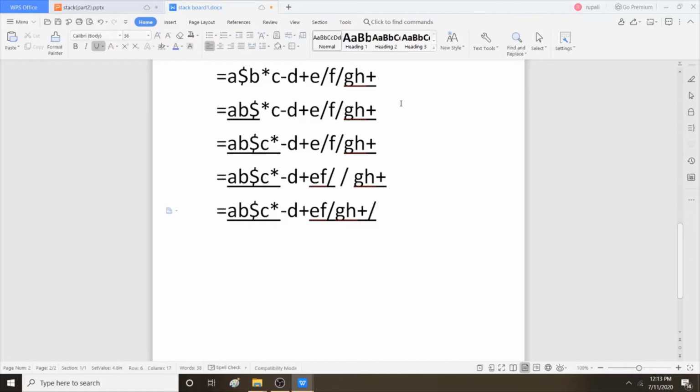Now there is one minus and one plus, because minus and plus have the same priority. So which one comes first? From the left hand side, minus. So next time, imagine this one is one operand, this one is another operand.